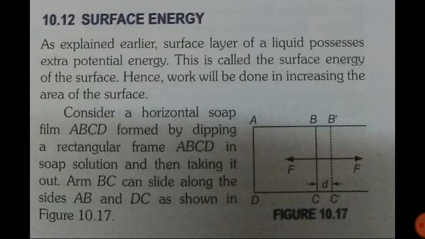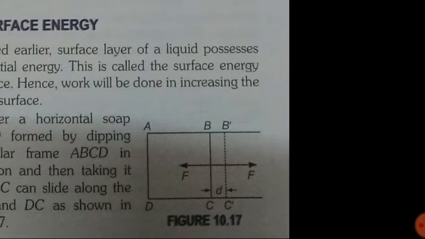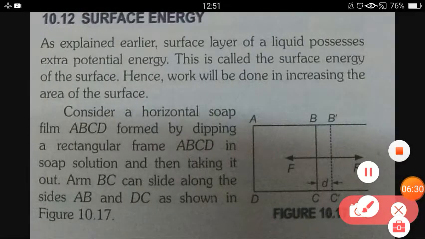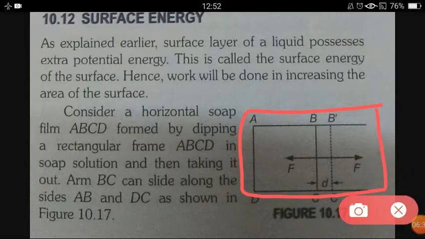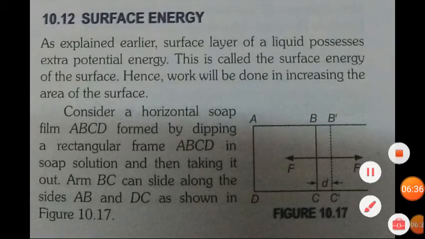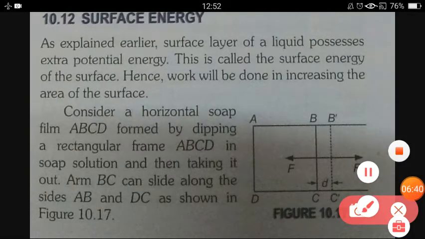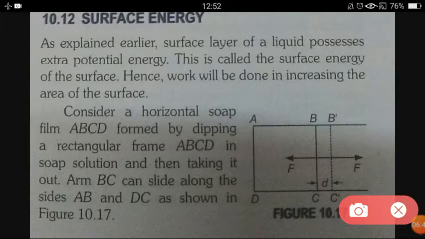Here you can see one structure given in front of you. In this structure, you can see one U-shaped frame. In this U-shaped frame, side AD is fixed, and inside the frame there is one movable side, which is BC.